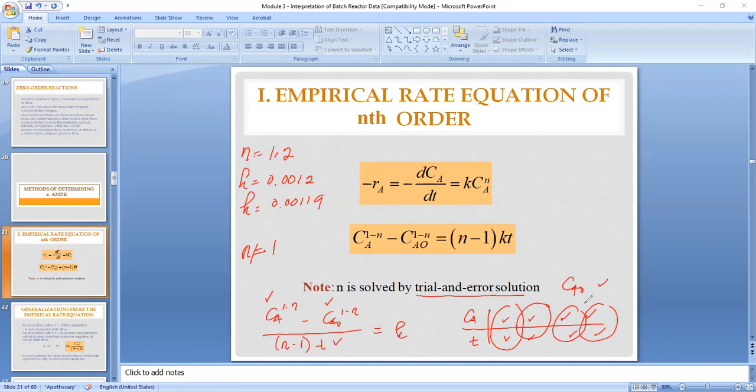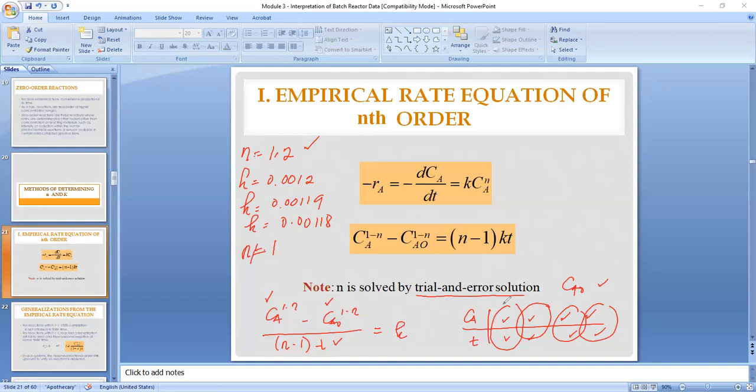Then next, the same thing: you use this pair of data, the same n that you assumed, and you will have, let's say, k equal to 0.0118. So more or less, based on the trending here, your assumed n value will give you more or less the same value for k, because they are all of the same range. If that is the case, your assumed value of n, which is 1.2, is acceptable, because your k does not change that much. So this n is acceptable.